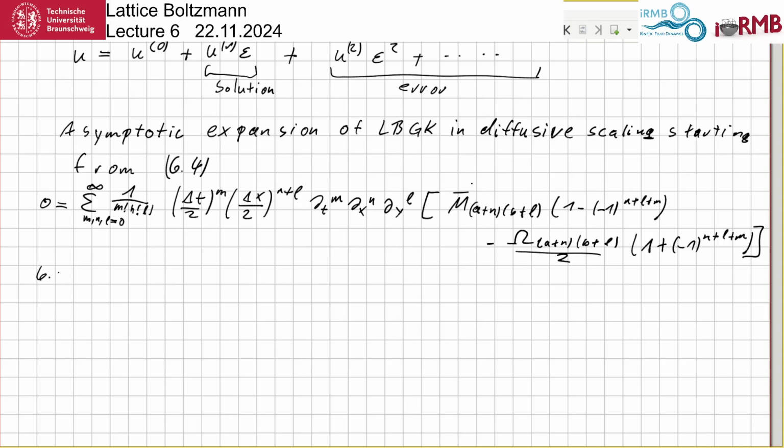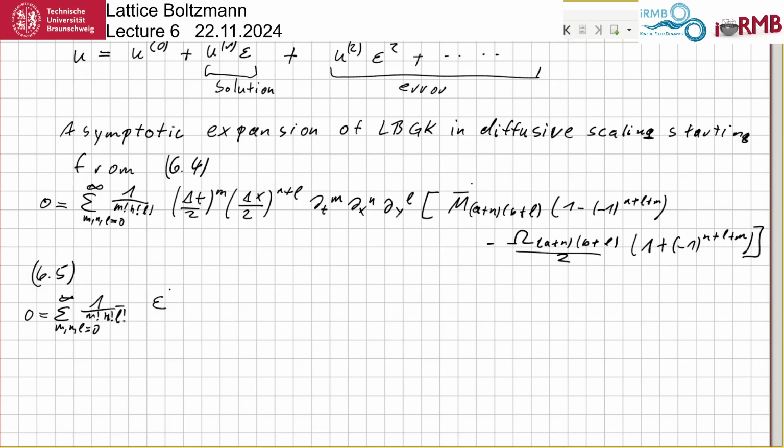This is equation 6.4, and now we write the equation 6.5 by introducing the asymptotic expansion of the moments in here. So this will again be 0 equal to the sum over m, n, L from 0 to infinity, 1 over m factorial n factorial L factorial. Now instead of what we have here, we'll end up with epsilon, and remember that delta t is epsilon squared.